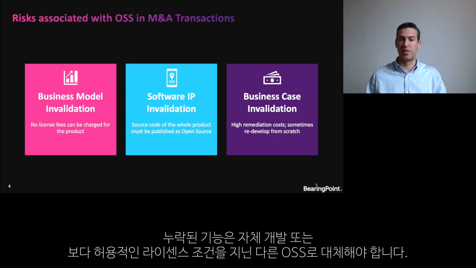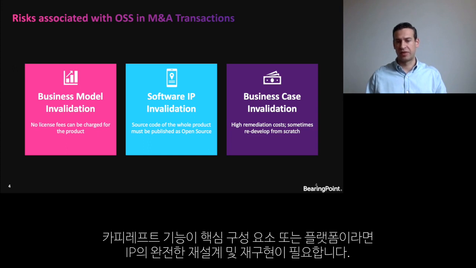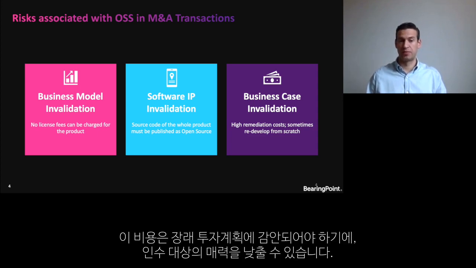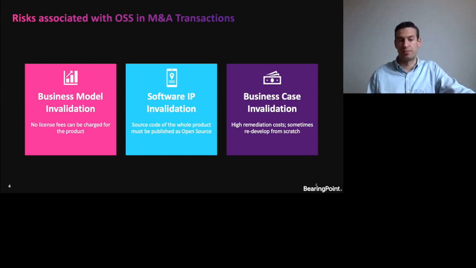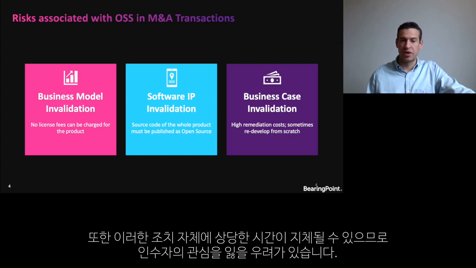And in this case, the missing functionality then has to be replaced by own development or by other OSS under a more permissive license. In case the copyleft functionality is a core component or platform, this could mean a complete redesign and re-implementation of the IP. And this cost must be factored into the investment business case. And as a result, this can become less attractive for the buyer. And in addition, the buyer might lose interest because the remediation may cause a considerable delay.